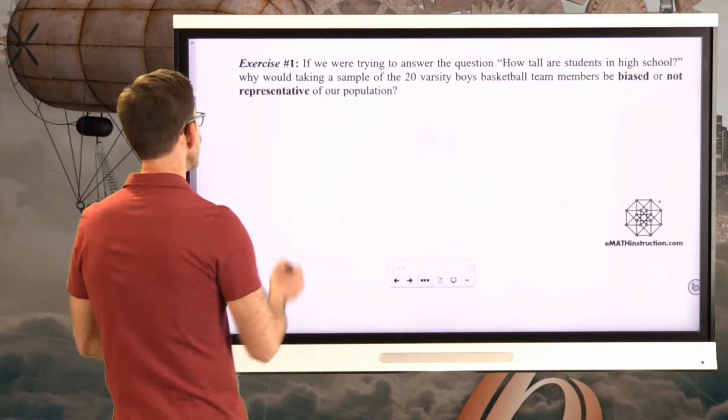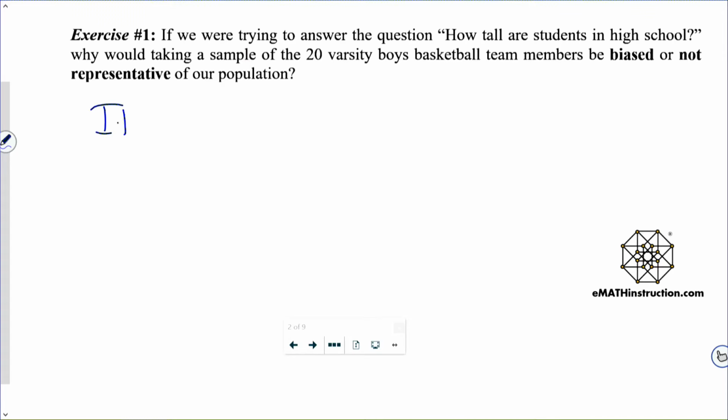Well, it would be biased because, number one, it's not random. And random means we just kind of grab people at random from the population, right?